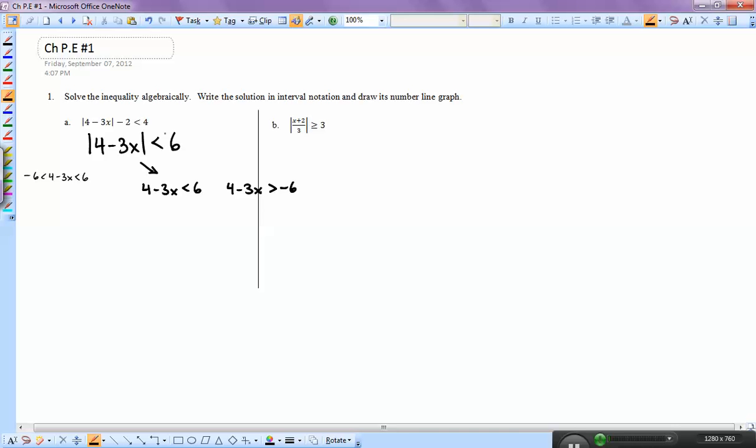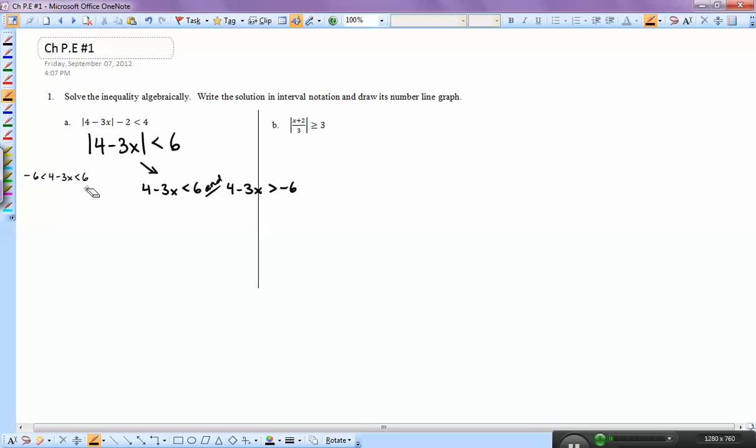In this case, since it's less than 6, on a number line we're looking at stuff that's between 6 and negative 6, the stuff in the middle. Since I can pick a number that's both bigger than negative 6 and less than 6 at the same time, this is an and. So if you want to do it that way, that's fine, but you have to tell me and. Otherwise, do it this way.